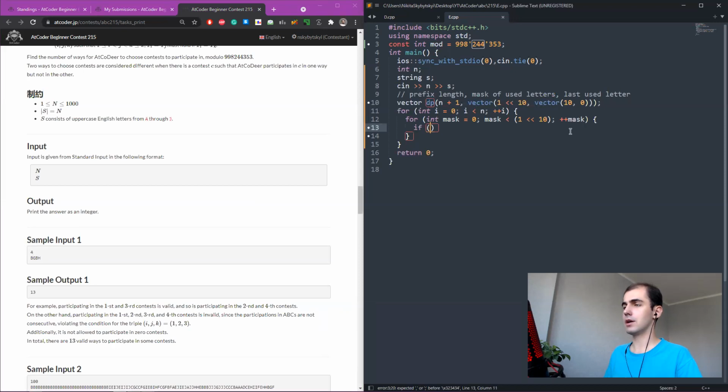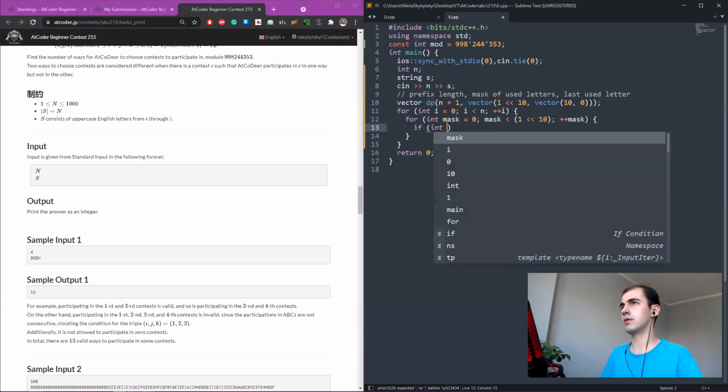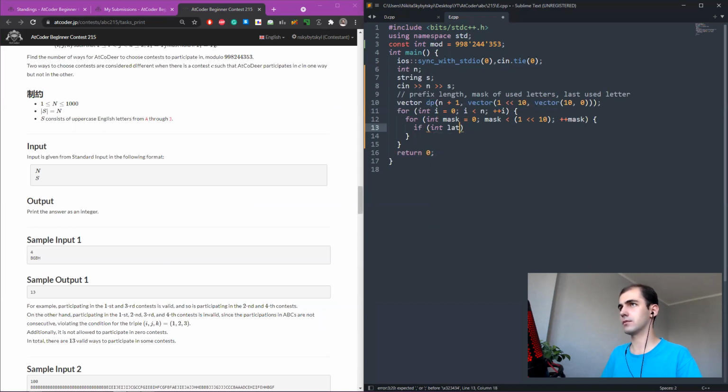We want to know if we can add S_i to something like this. So we'll loop over last also.